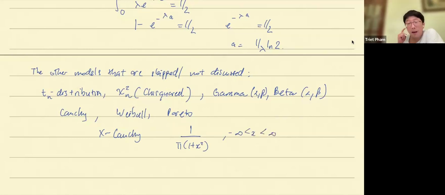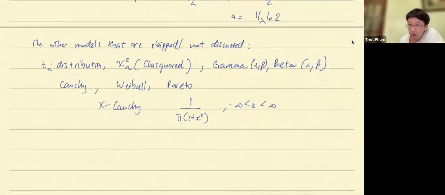The pi has to do with the tangent inverse: when you integrate 1 over 1 plus x squared, you get tangent inverse. The Cauchy has a very nice property that if you take the expectation of the Cauchy, you're going to deal with this integral.